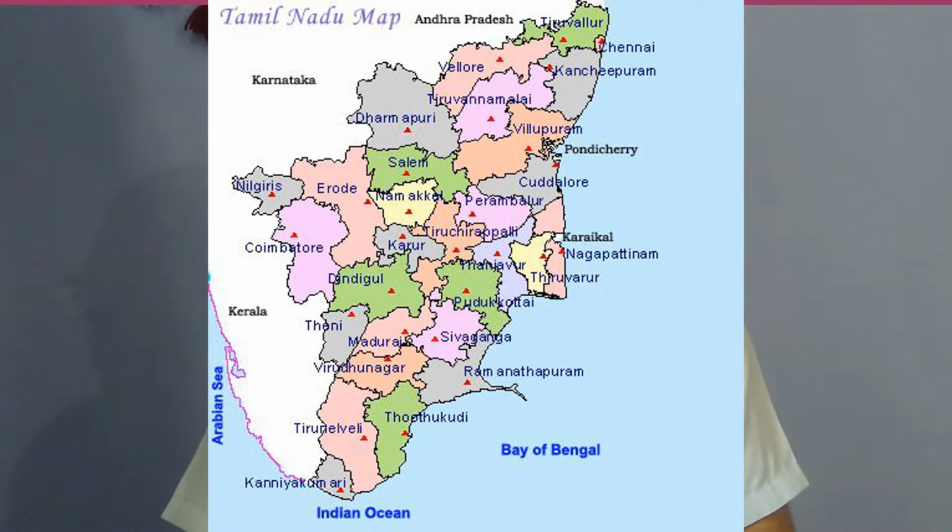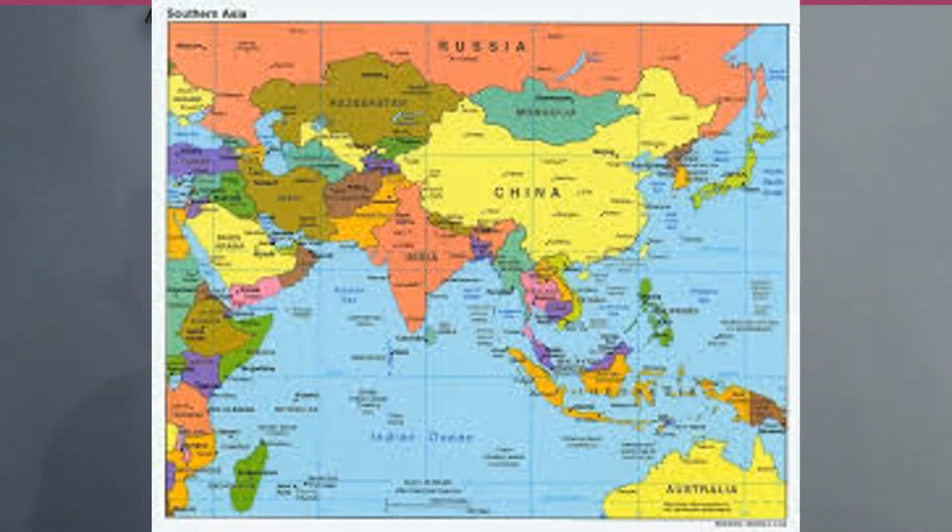Next, the longitudinal distance of India. India is in the Eastern Hemisphere, because it is located in the eastern part of the world.